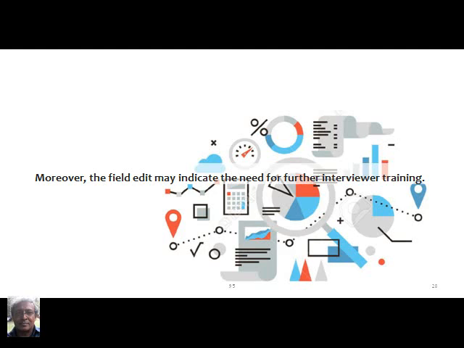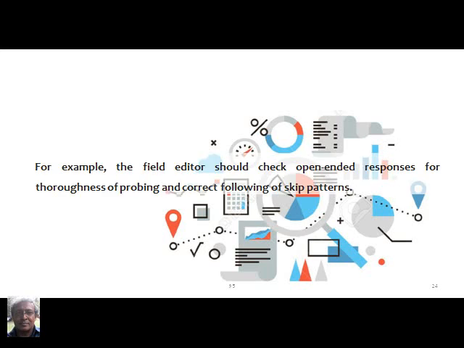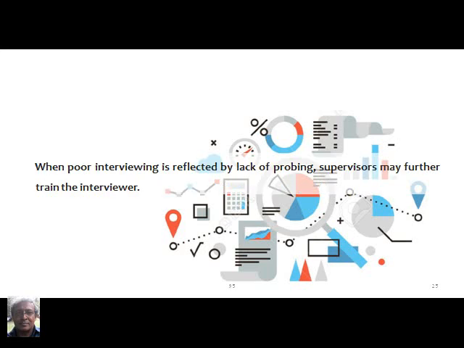Moreover, the field edit may indicate the need for further interviewer training. For example, the field editor should check open-ended responses for thoroughness of probing and correct following of skip patterns. When poor interviewing is reflected by lack of probing, supervisors may further train the interviewer.